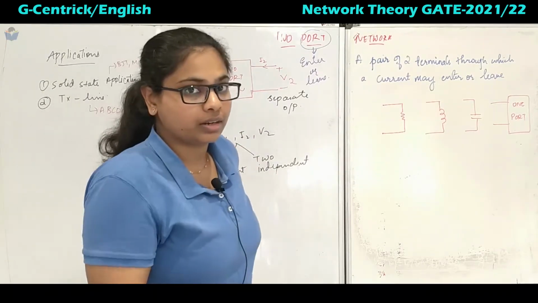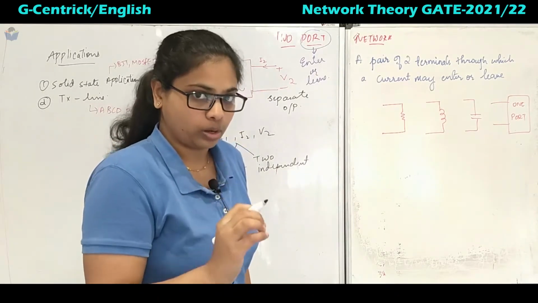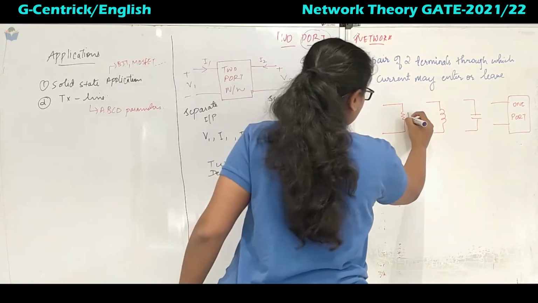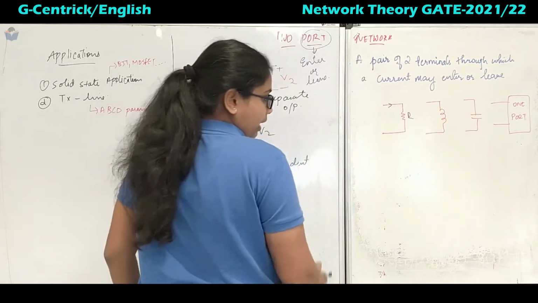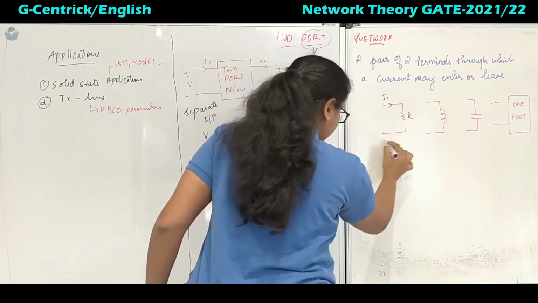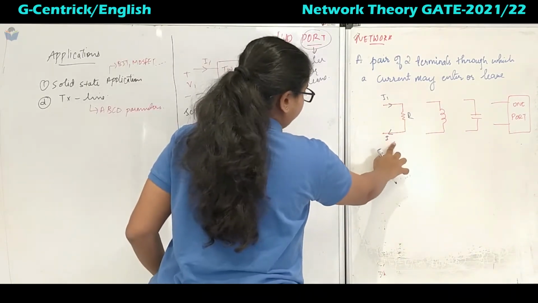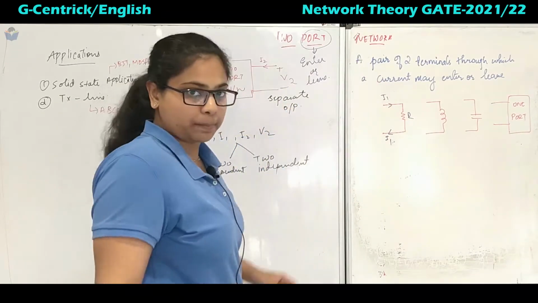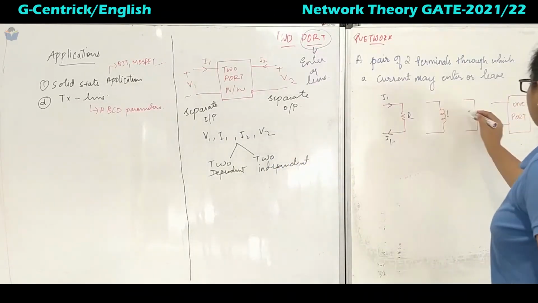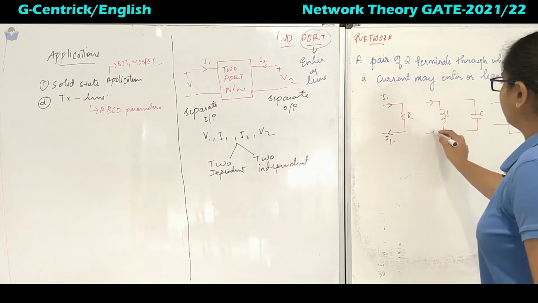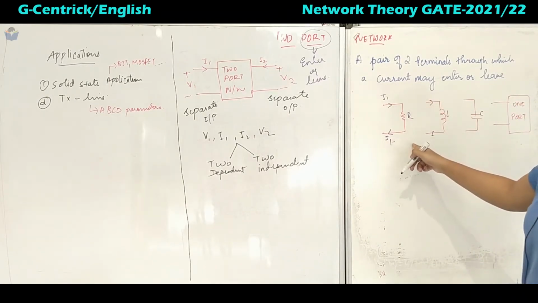Now till now in our network theory we have learned only one port. That is, if this is a resistor, the current enters through this and leaves through this terminal itself. So it will be the same port, same terminal. Similarly with inductor as well as capacitor. It enters on one side and leaves from the other side.